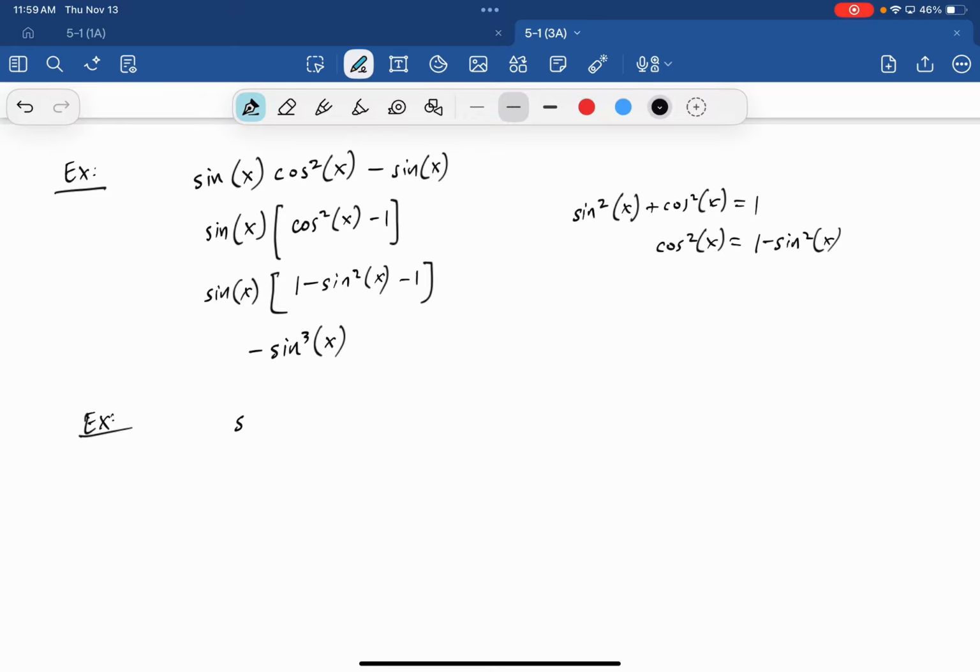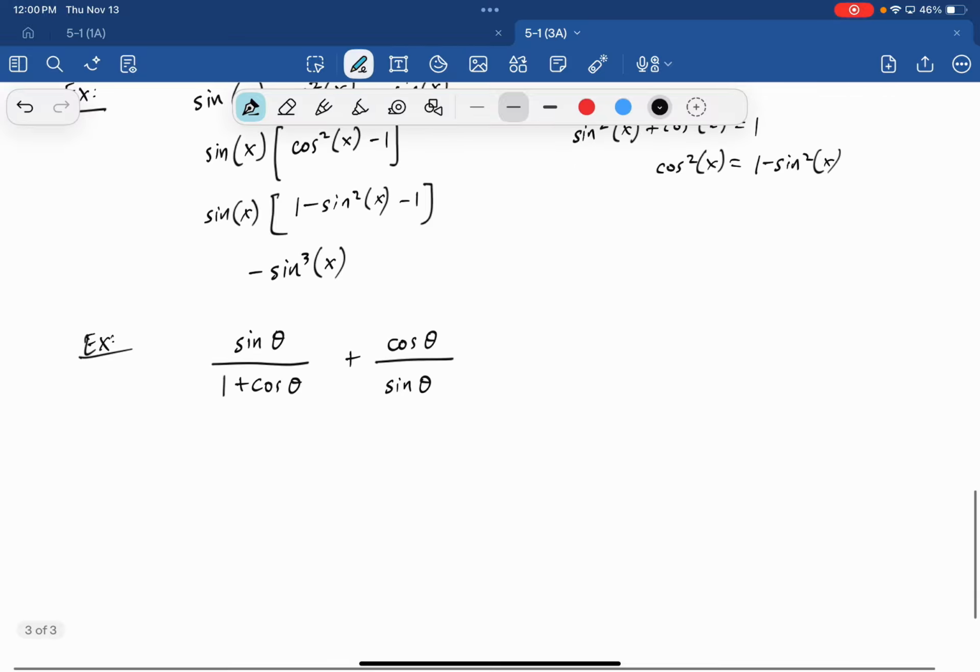Last one has us simplifying sine theta over 1 plus cosine theta plus cosine theta over sine theta. Okay? So this is really all just algebra, and then we just use an identity when it's helpful for us.